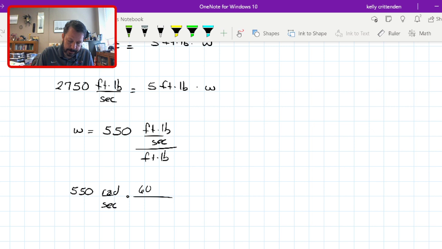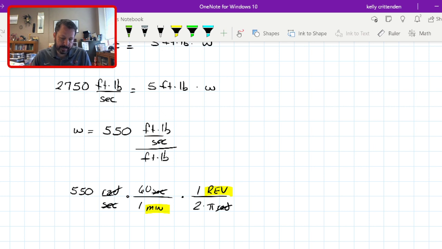So there are 60 seconds in 1 minute, so that'll get us radians per minute. We don't want radians, but we know that there are 2 pi radians in 1 revolution. So now we'll have revolutions per minute if we do this math: 550 times 60 divided by 2 pi.